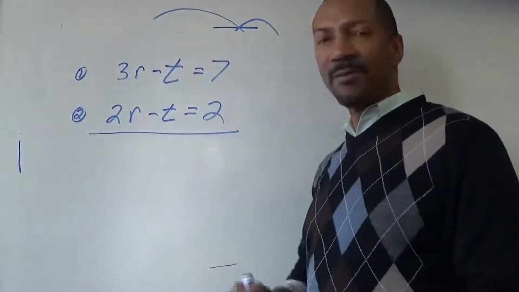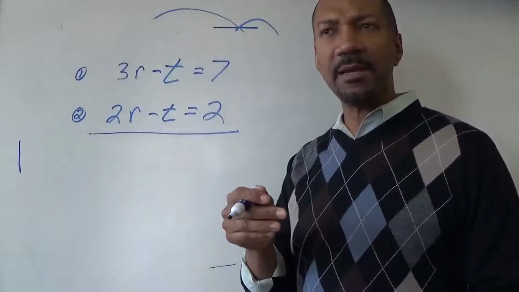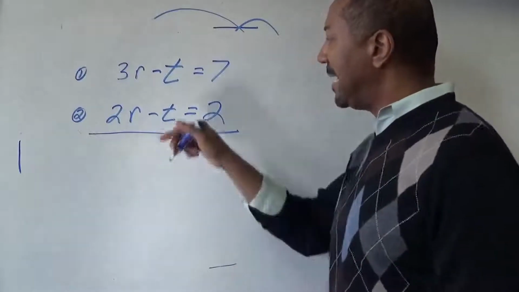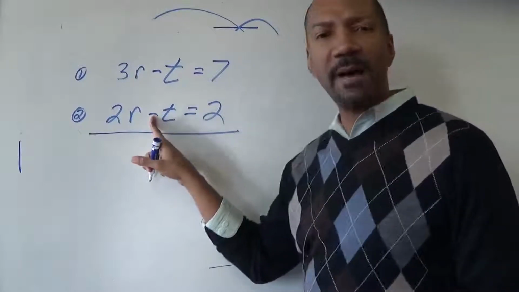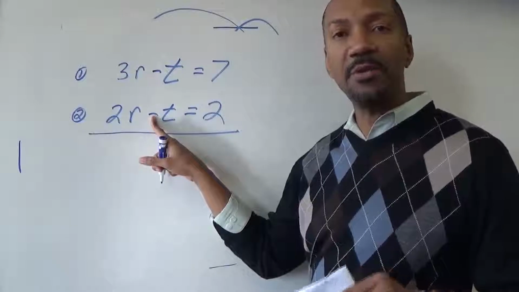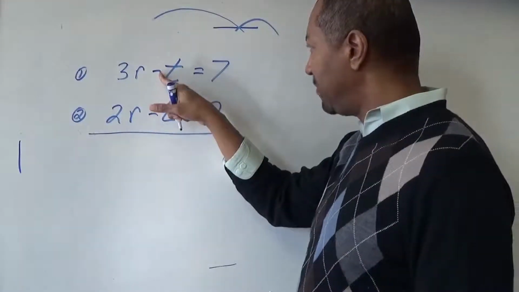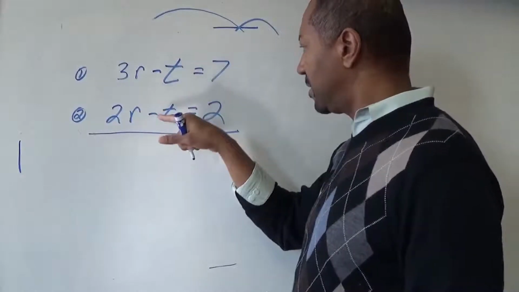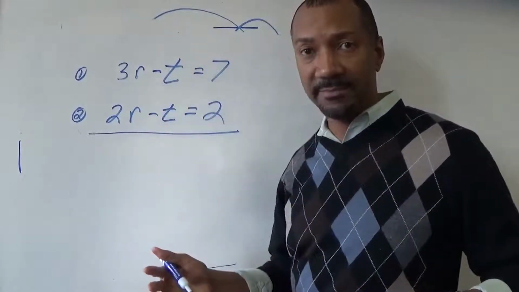Now I'm hoping that you can see, just using a little imagination, that if instead of this being a negative t, what if this were positive? Then when you do add both equations up, you could say negative 1t plus 1t, and you would have no more t's.